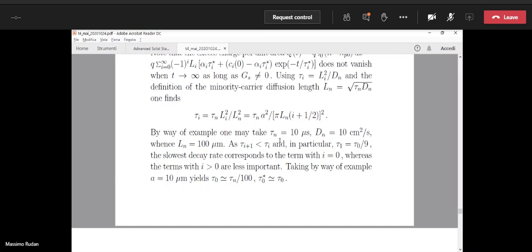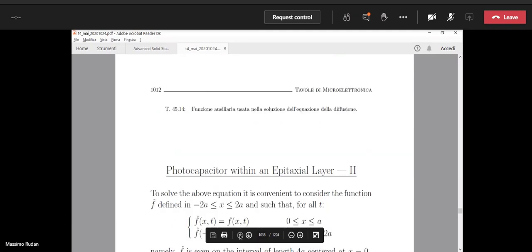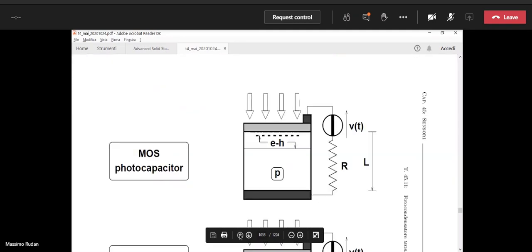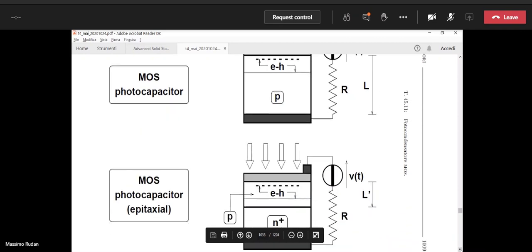So in itself, this concludes the analysis of the photocapacitor, but we must add some other consideration. You remember the photocapacitor is a very simple device.